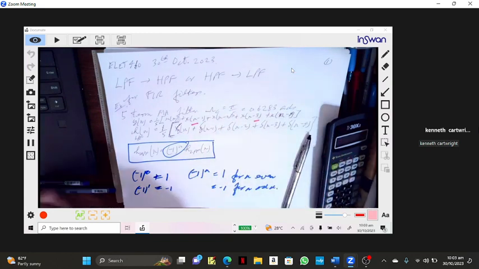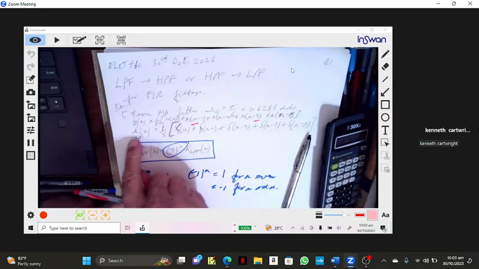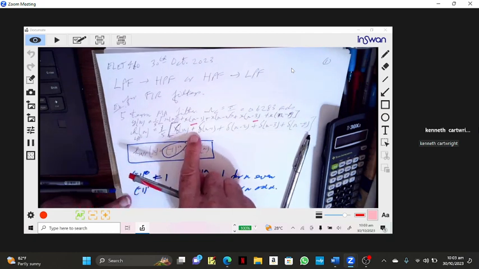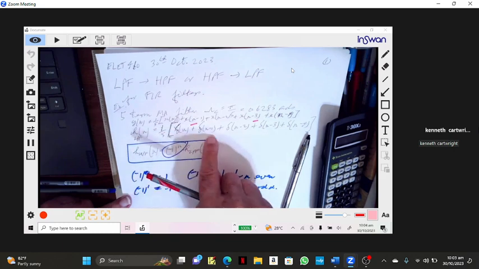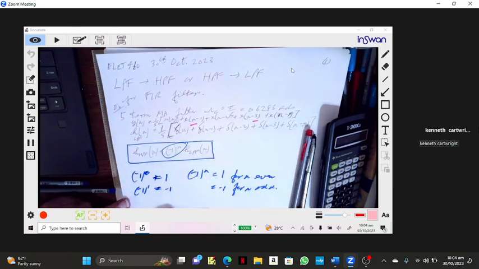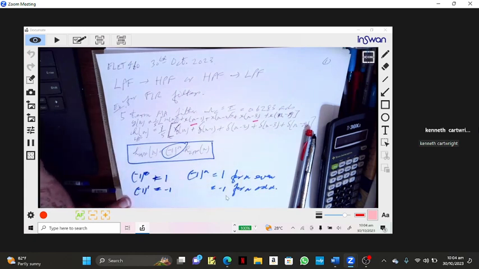All we have to do is take the original low-pass filter and make every other term negative. That's what this means. Let's do that using Octave.